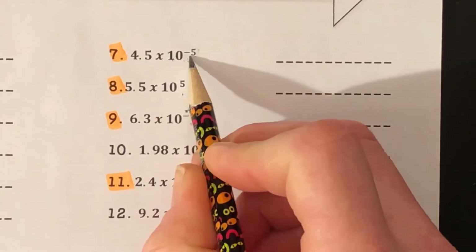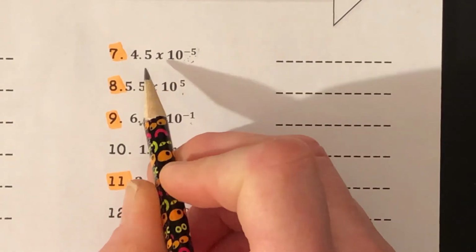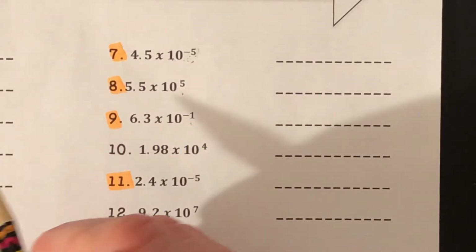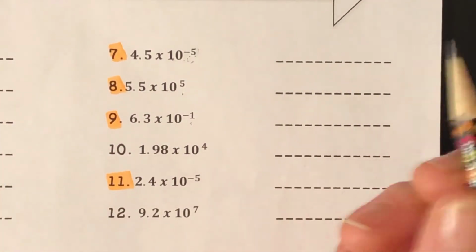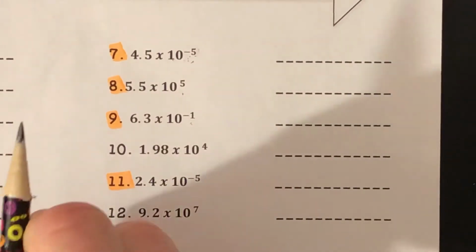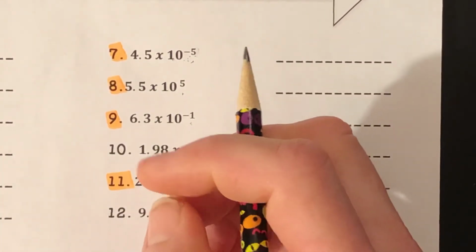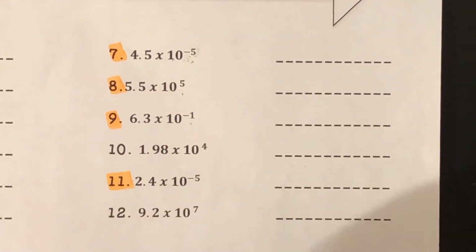And this has a negative exponent. I know that my decimal is going to go way that way. And I'm going to have 0.000, I'm going to have a lot of those. I'm converting these into regular notation, so these are going to be regular numbers. And I know these regular numbers are going to be extra tiny or extra big.